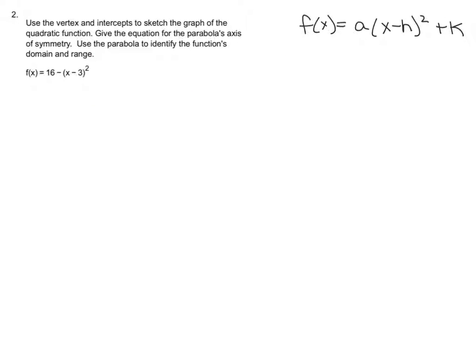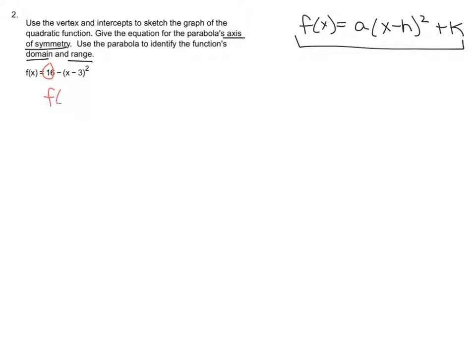The next question asks us to sketch the graph of the quadratic function and then give the axis of symmetry and also identify the domain and range. So here we have a function and we want to first rewrite it in standard form. It's almost in standard form except that the 16 should be added or subtracted to the right side of the parentheses.